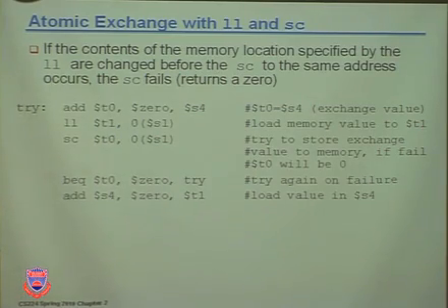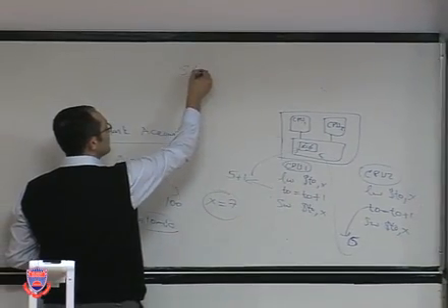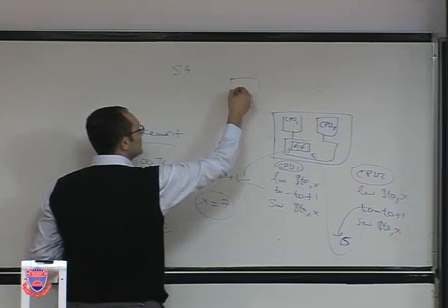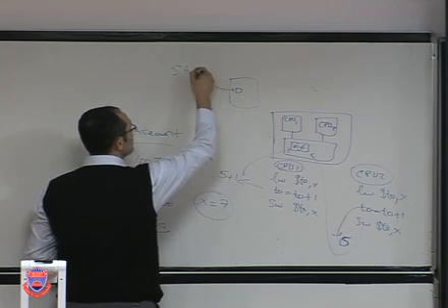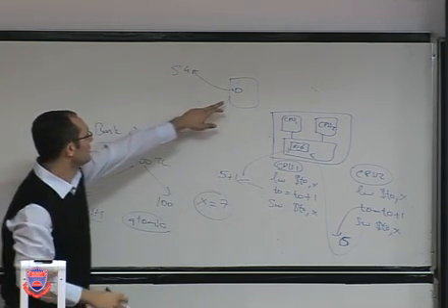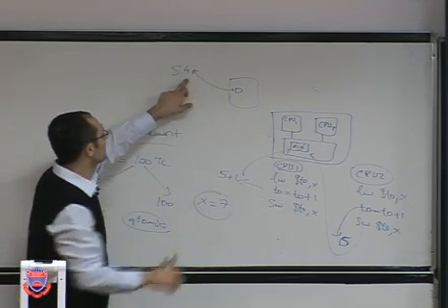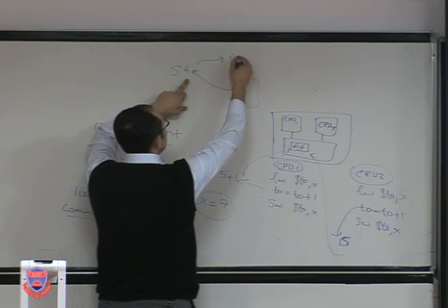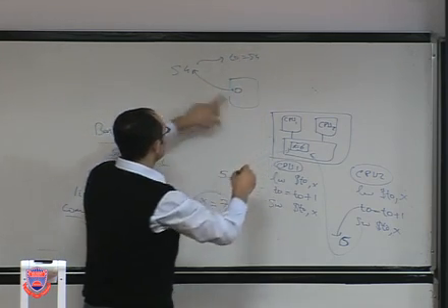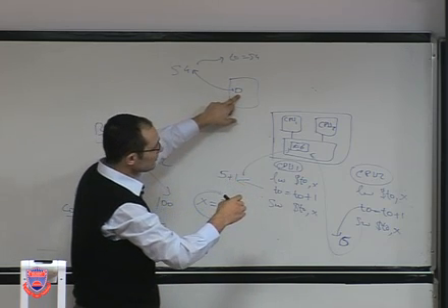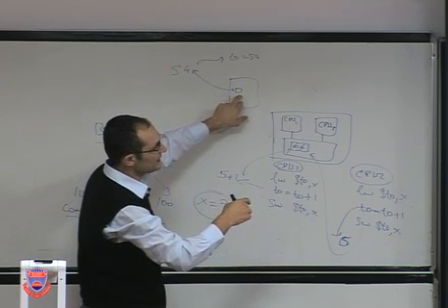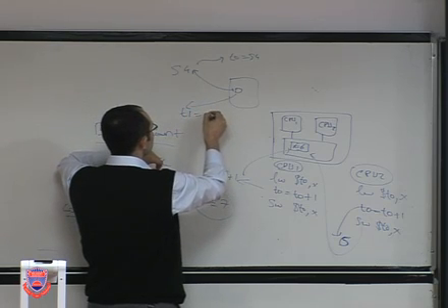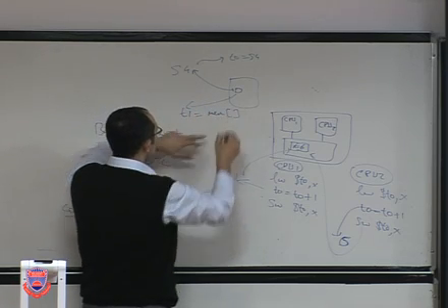So what this does is, you have a value stored in register S4 and a memory location, and you swap the values stored in the memory with S4. You copy S4 first into T0, so T0 becomes S4. Then you copy the data stored in the memory location into T1, so T1 becomes the memory value.